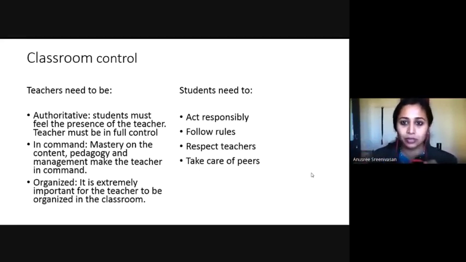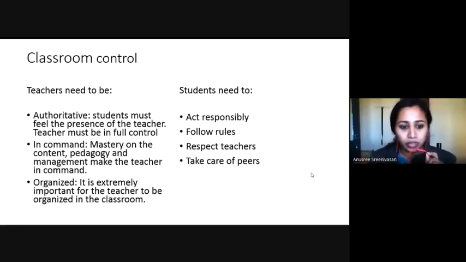So in that way, the teacher should take control of the class. The students must feel the presence of the teacher, and the teacher must be in full control. And the teacher should be in command. In command means the teacher should have mastery of the content, the pedagogy, the management. And the management makes the teacher in command.